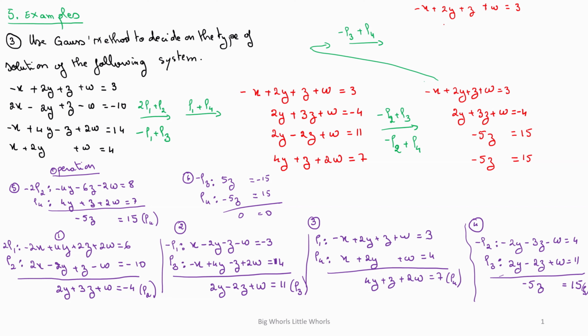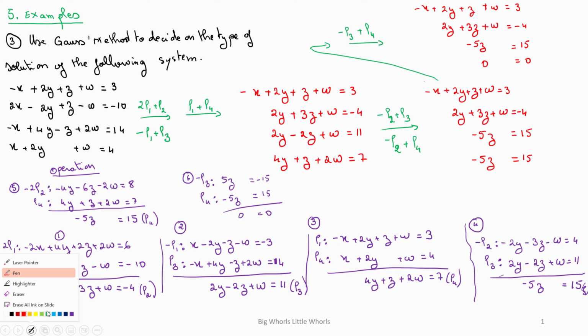The second equation is 2y plus 3z plus w equals minus 4. The third equation is minus 5z equals 15. And the fourth equation, that's our sixth operation, is 0 equals 0. So this is our echelon form. It is in echelon form.